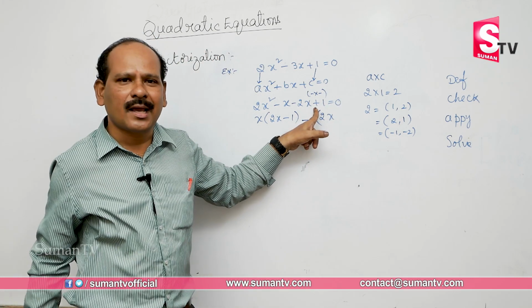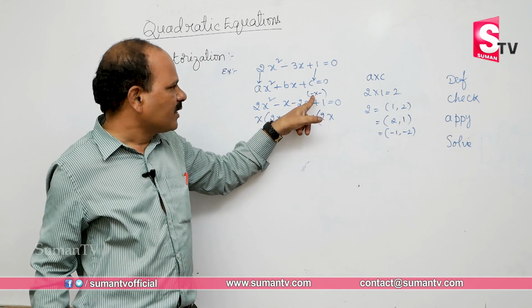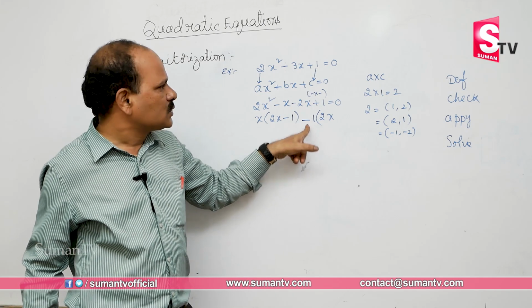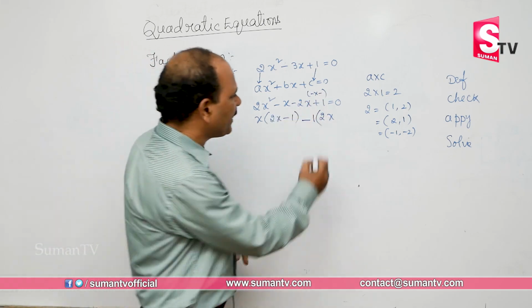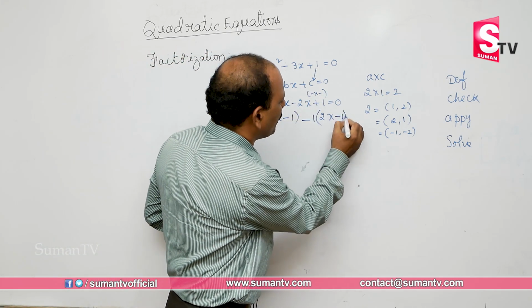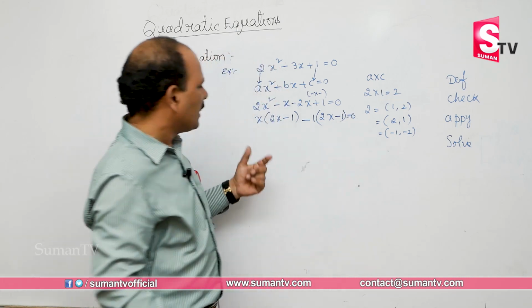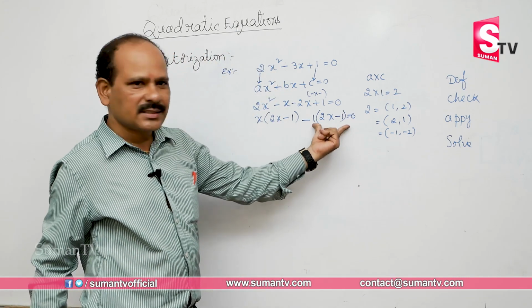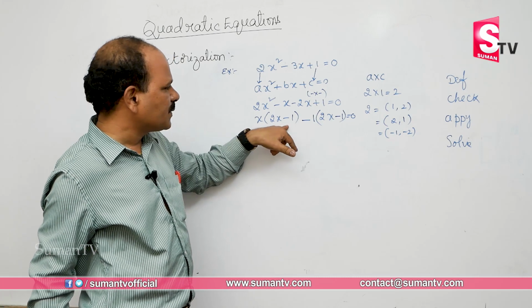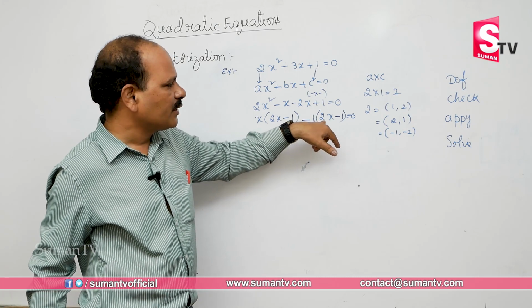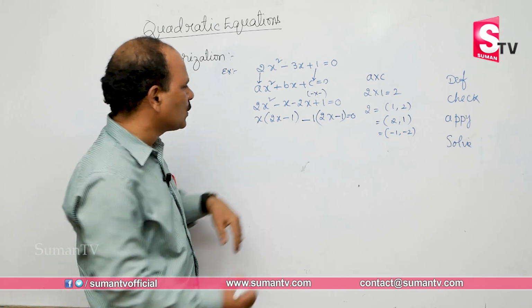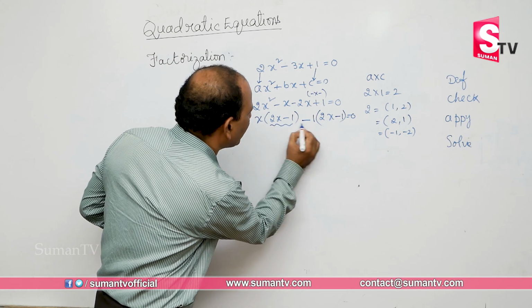One minus went common, so another minus is there. That gives minus 1. Again, from the first term and the second term, x into 2x minus 1 and minus 1 into 2x minus 1, from these two I can take this part common again.